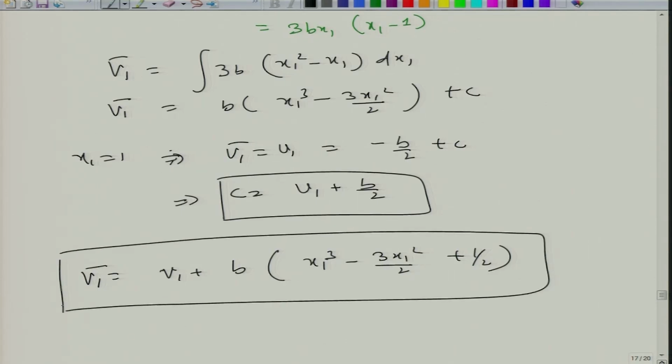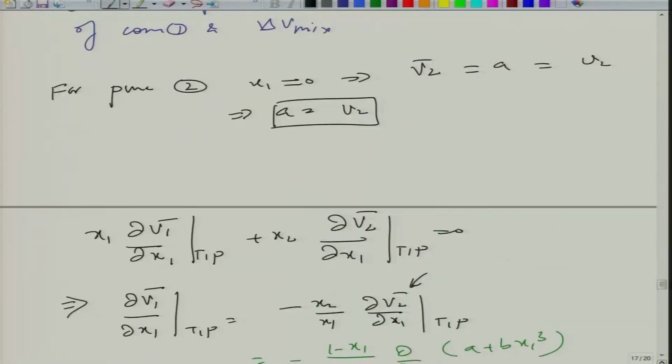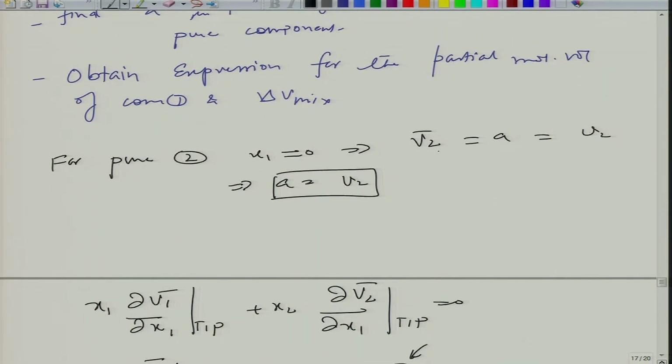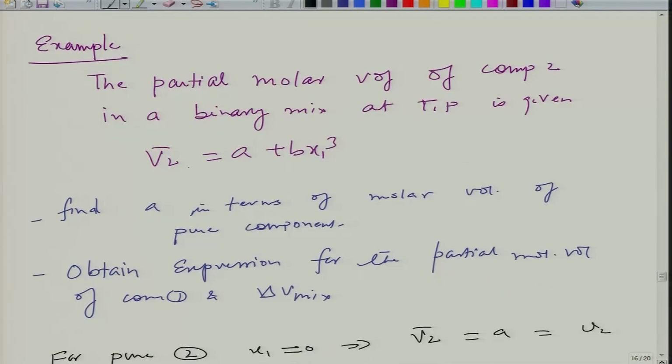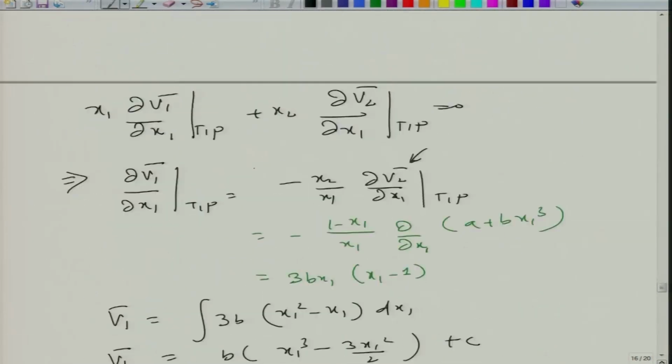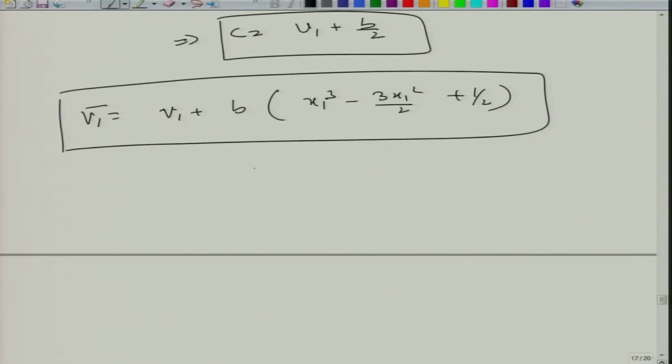So, we got an expression of v1 bar, and we have also v2 bar, which we know this expression, and here of course we replaced A by small v2, that is a molar property. So, now we can write everything in terms of b when it comes to delta V mix.